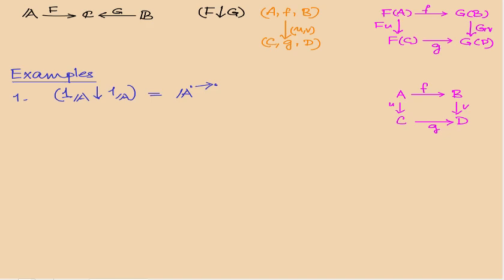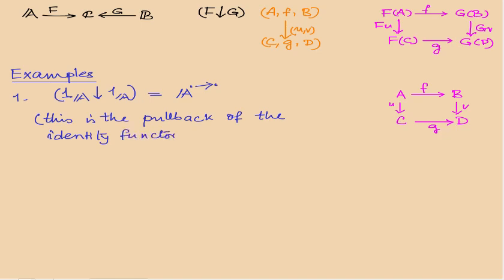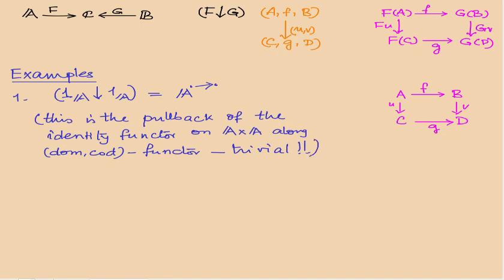Okay, so this is the pullback of the identity functor along the identity, and this is trivial. Okay, all right.